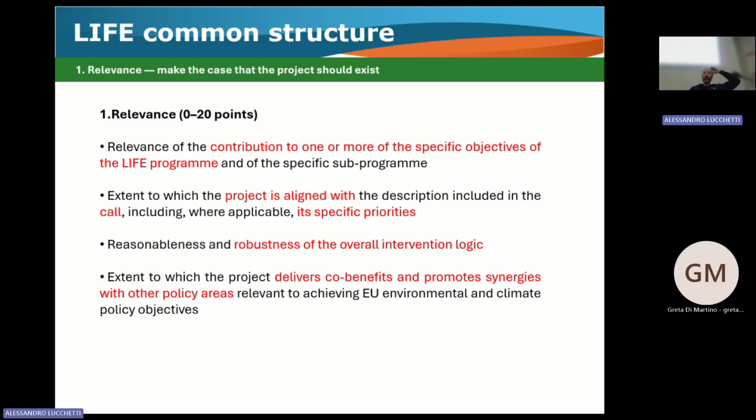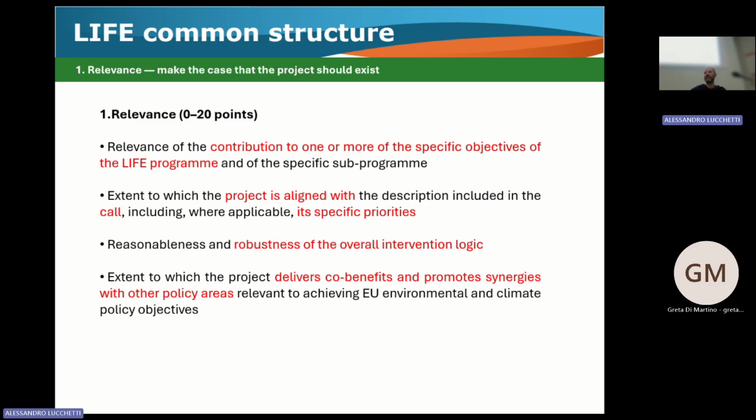So in the LIFE project, you have to build something which is useful not only for you or for your project, but also for other stakeholders, and also for the policy. That's why you have to report clearly in your proposal, okay, my project focuses on this specific objective of the LIFE program, of, let's say, the Common Fisheries Policy.